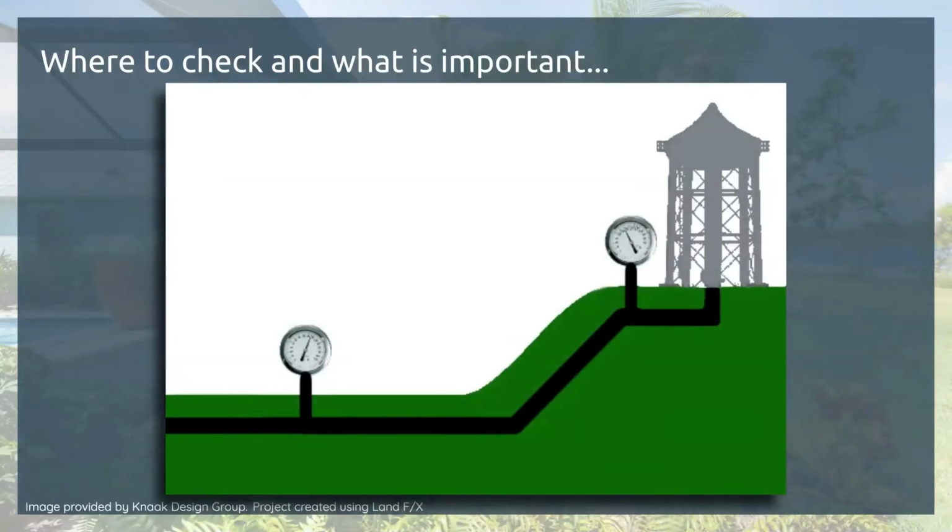You know, elevation plays, all things considered, a huge role for how the system's going to operate. So are your valves up high and your head's down low, or vice versa? Is your point of connection somewhere different than where all of your design is going to be? So we need to understand and know where to check all of that information.